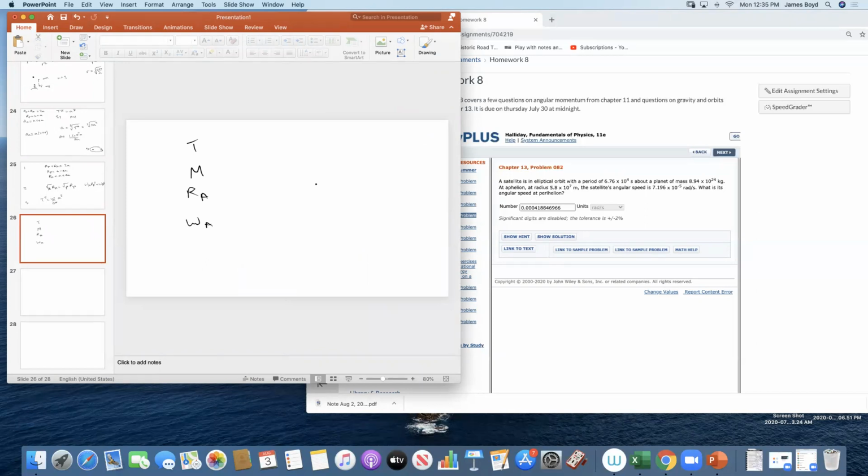So let's reverse engineer this. We know omega A RA squared is equal to omega P RP squared, and we're asked to find omega P. So this is omega A, RA squared over RP squared. We were given RA, we need to find RP.